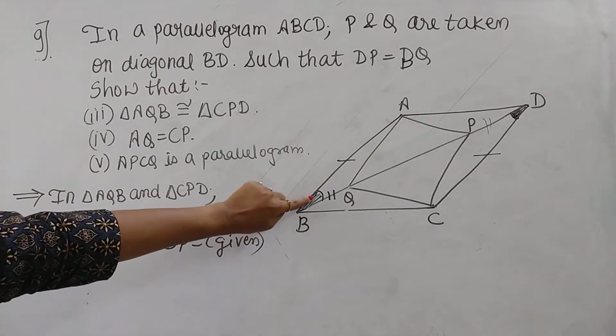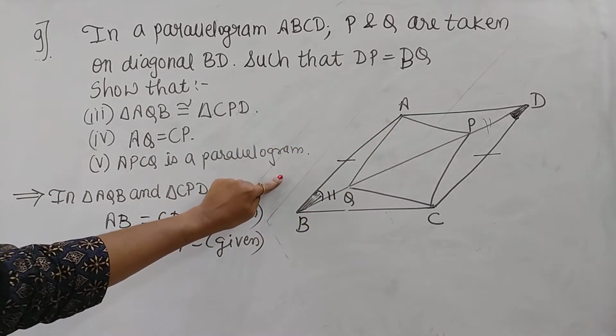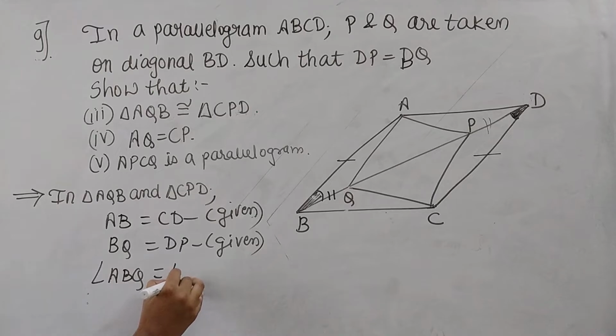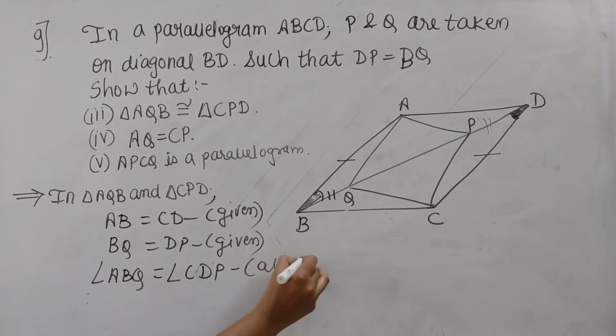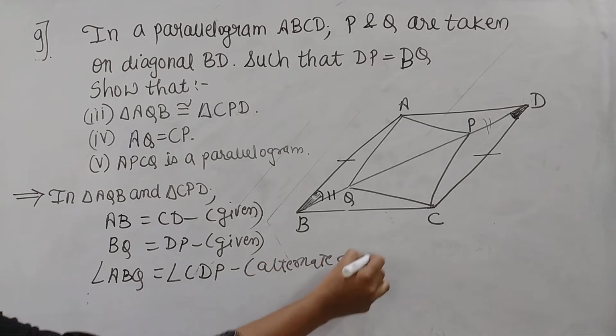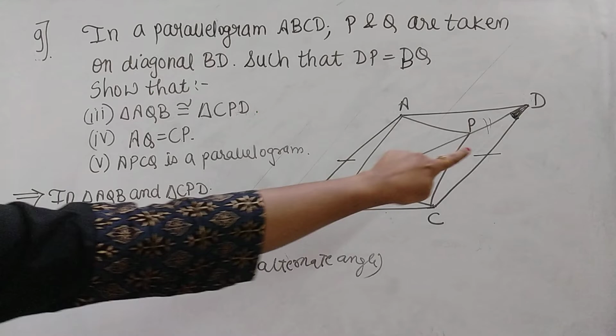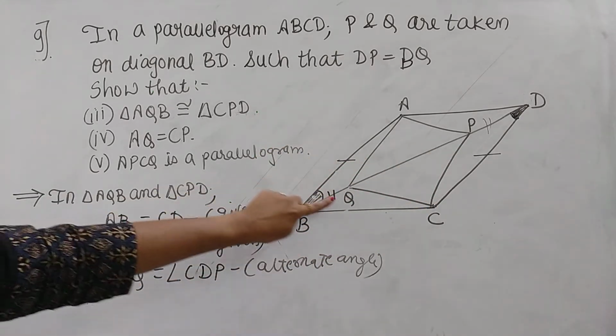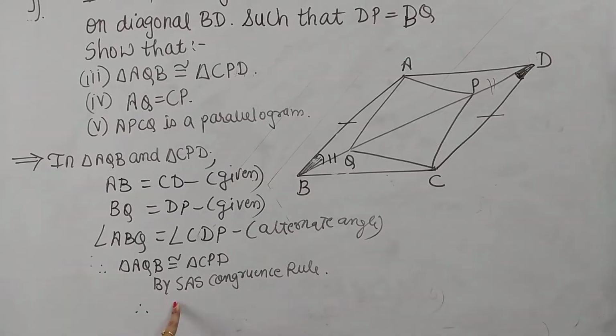So therefore you can see that I have already marked your alternate angle. So we can mention it as angle ABQ is equals to angle CDP. They are alternate angle. So therefore these two triangles are congruent to each other by SAS congruence rule. So we have written how they are congruent by SAS congruence rule.